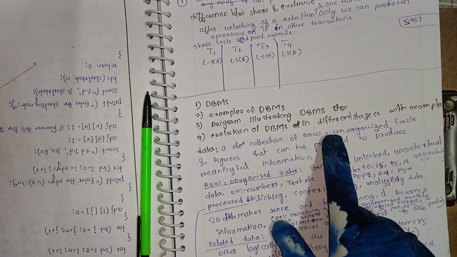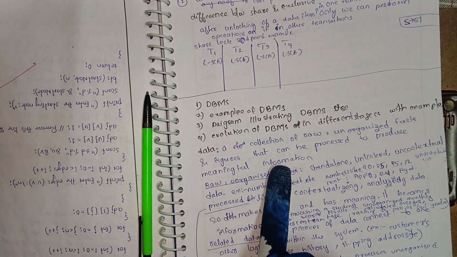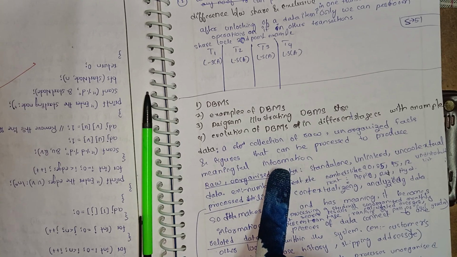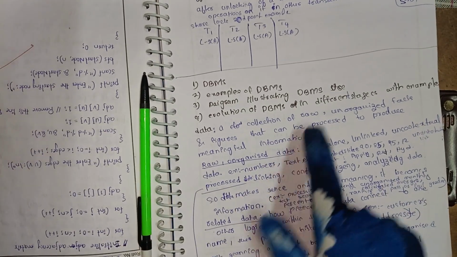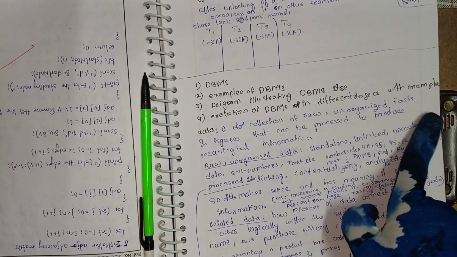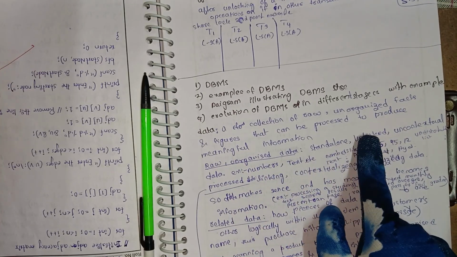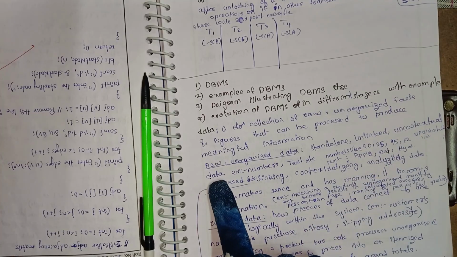Data is a collection of raw unorganized facts and figures that can be processed to produce meaningful information. Raw unorganized facts and figures means standalone, unlinked, uncontextual data.